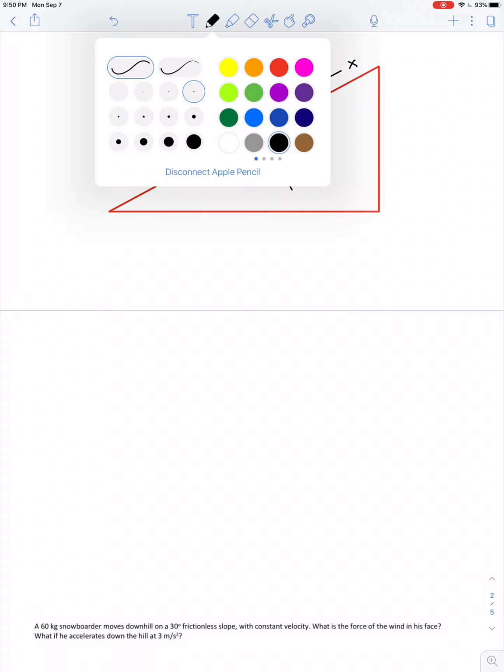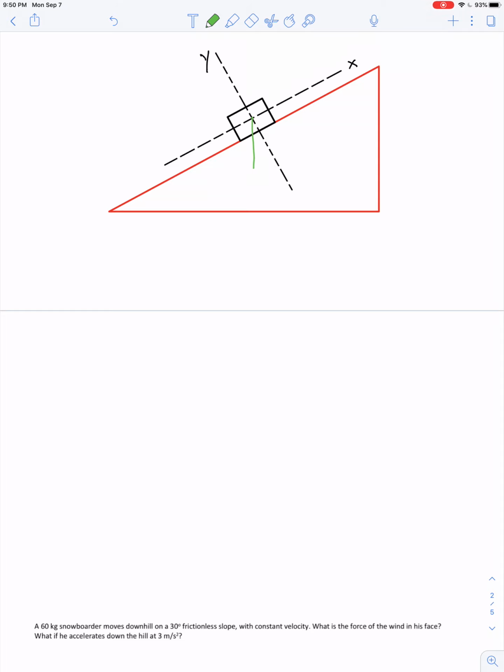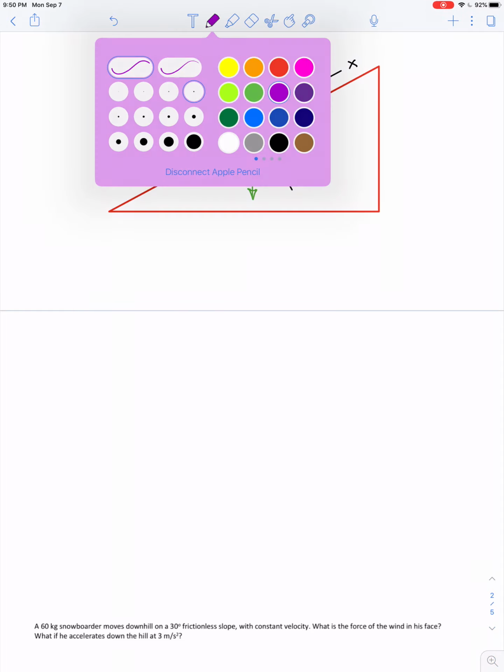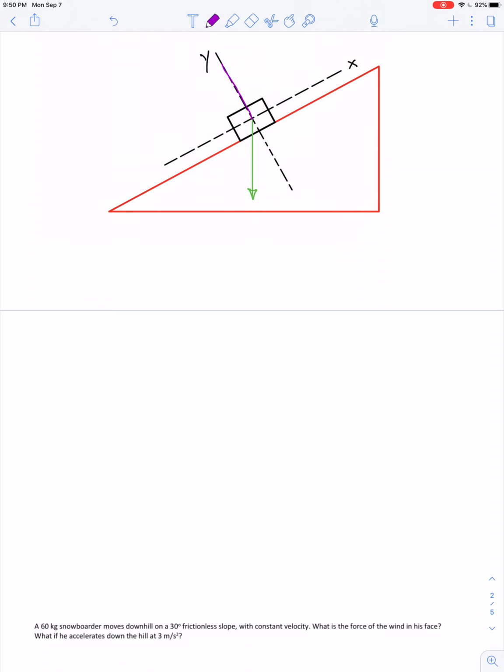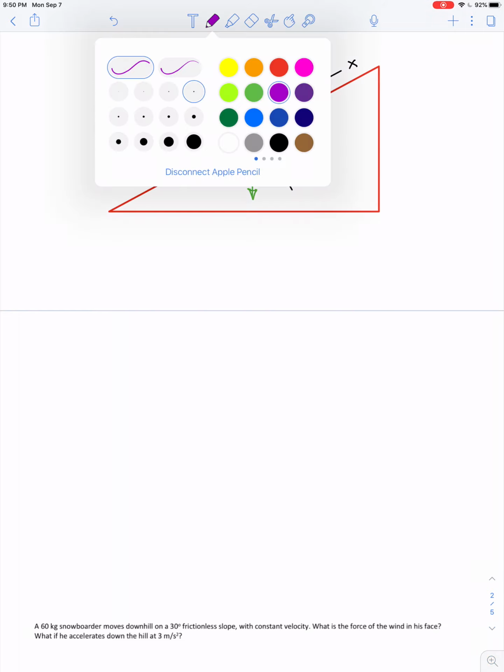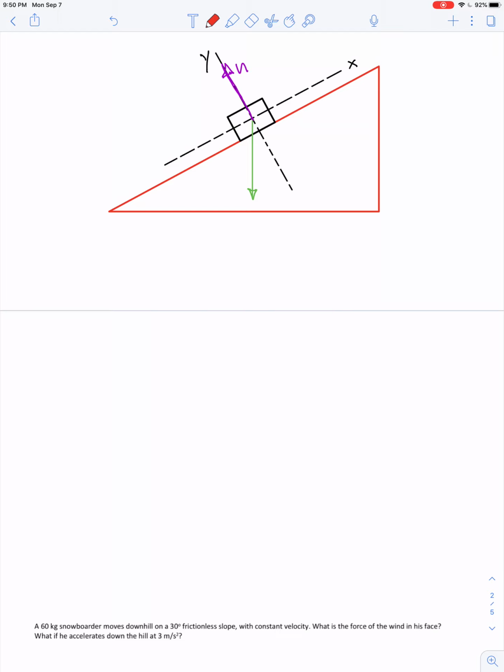So when the only forces acting are gravity and normal force, the normal force doesn't need to be resolved into any components, but we replace mg with a component along the y-axis and a component along the x-axis.